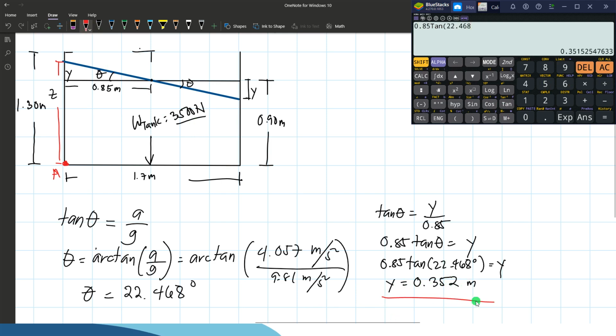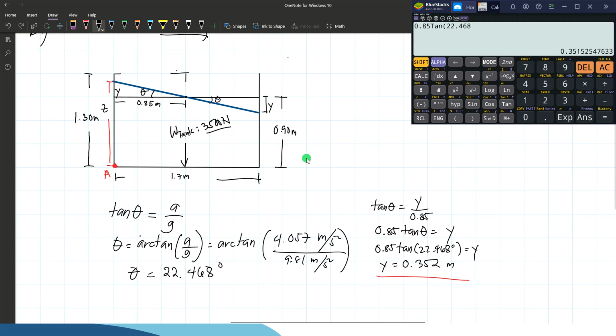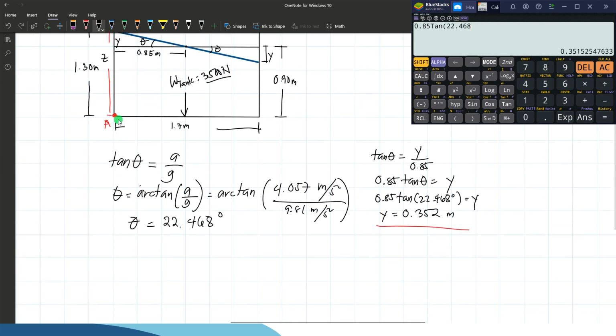Okay, we have y. From that, we can now compute the hydrostatic pressure at point A. The pressure at point A is just equal to gamma times H. So the unit weight of water is 9.81 kilonewtons per cubic meter.